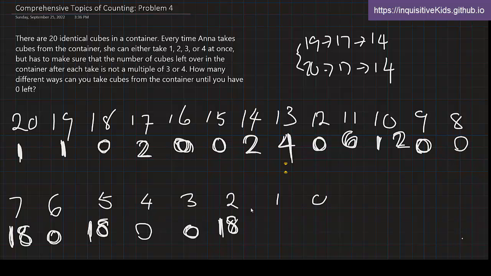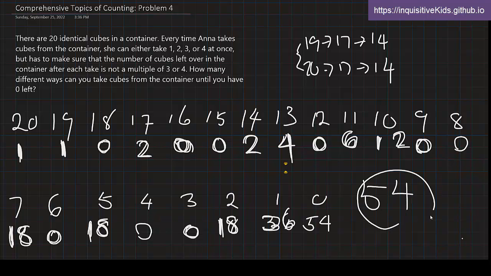You can get 1 by subtracting 4 from 5, that's one possibility, or the second possibility is subtracting 1 from 2. So 18 plus 18 is 36, so there are 36 ways for 1. And now for 0, you have 18 plus 36, because you can get it by subtracting 2 from 2 or subtracting 1 from 1. 18 plus 36 is 54. Your final answer is 54 different ways.